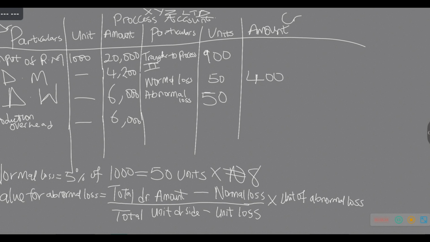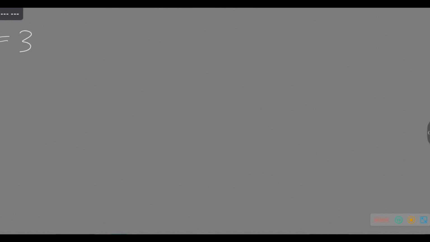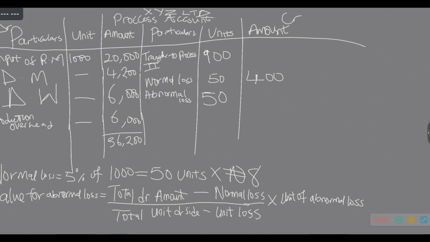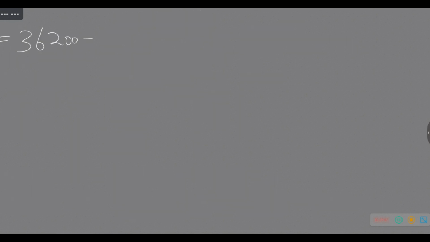So that will be equal to the total amount on the debit side, which is 36,200, minus the normal loss.